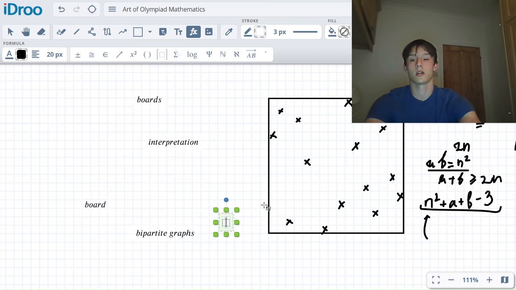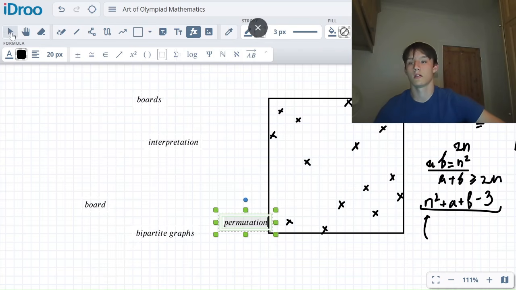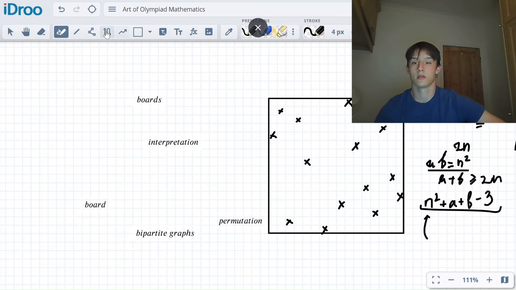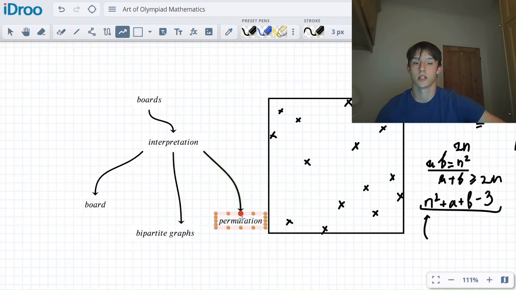And the other interpretation is permutation. So if we look at interpretations, there's board, there's bipartite graphs, and there is permutation.